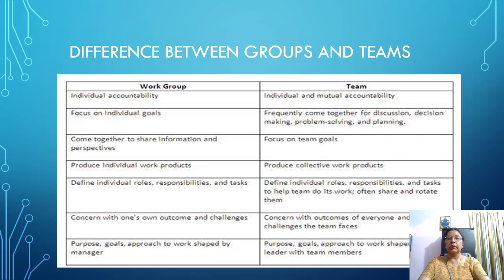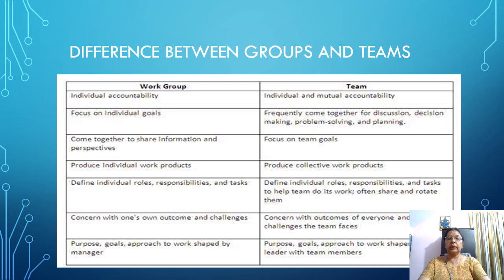And in groups, the members share information, whereas the teams have common goals. They focus on their common goals. They work collectively to achieve the common goals. Groups mainly work on individual products or individual work.